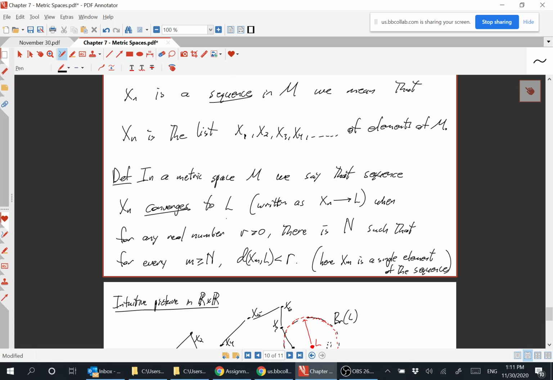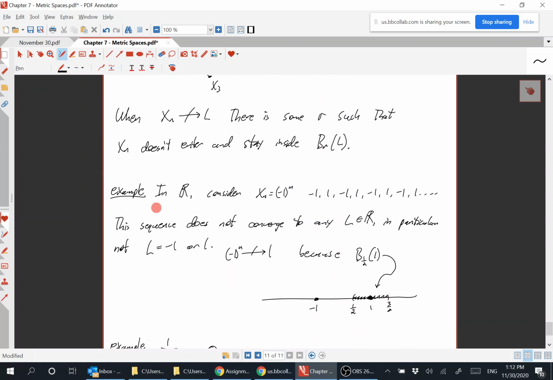Any value of r, in particular r so minuscule, so tiny, smaller than the Planck length or whatever. Think of r as something really, really small. Somehow it's got to get stuck inside there.